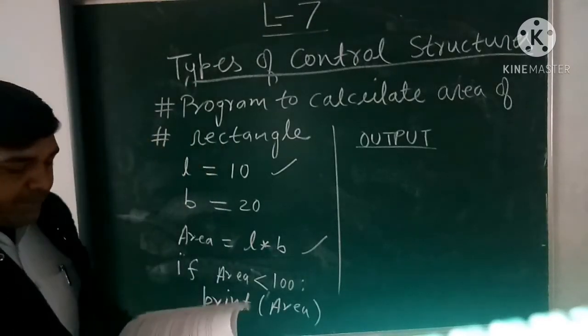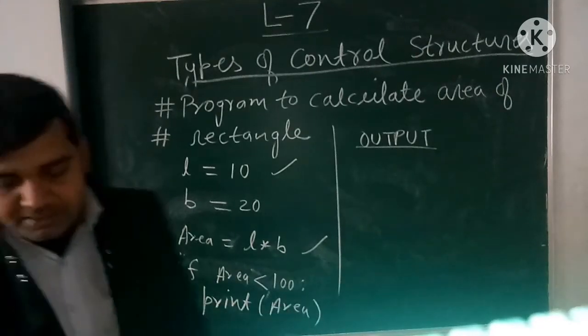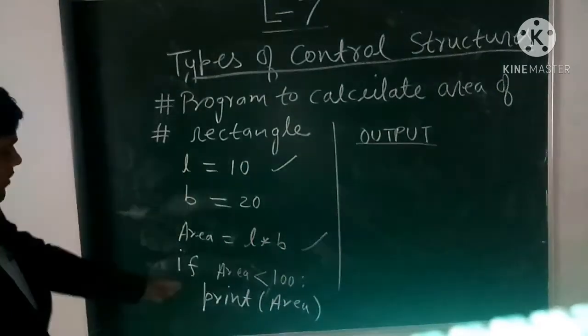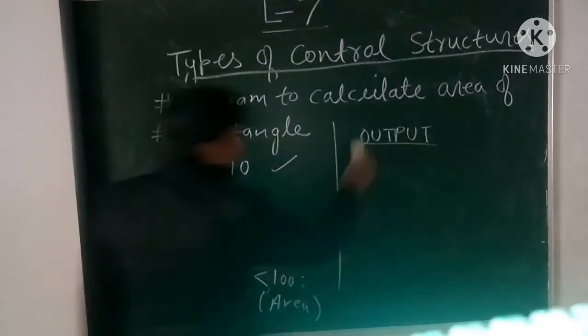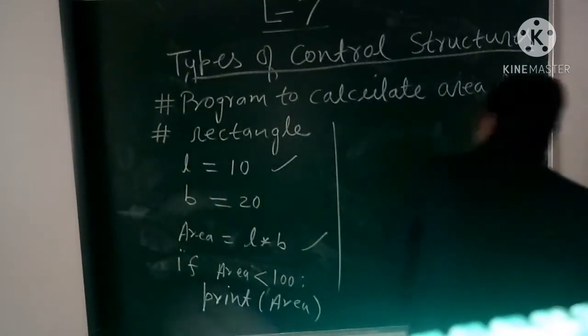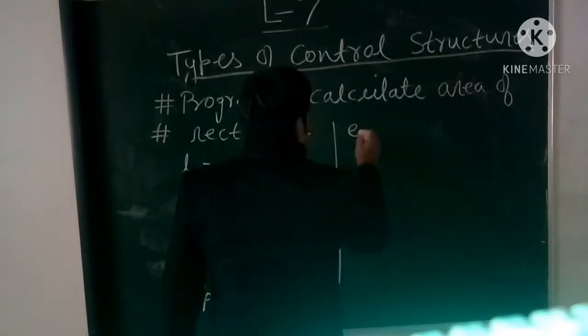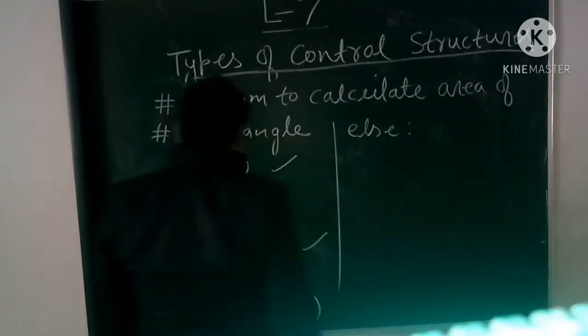So if a condition is true, then one set of statements is executed, otherwise the other set of statements is executed. So for the false case, we can write the else part. After this we can write the continuing program. So in the else, what do we write?